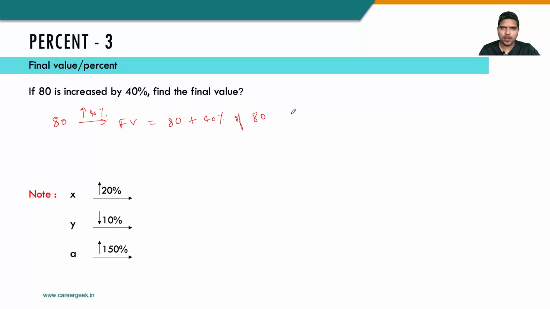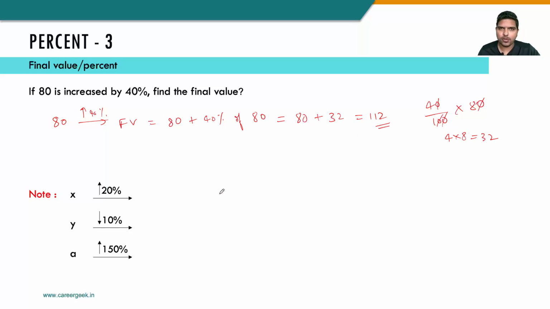We calculate 40% of 80 and add it to the 80. That becomes our final value. So 40% of 80 is 4 multiplied by 8, which is 32. The final value is going to be 80 plus 32, which is 112.